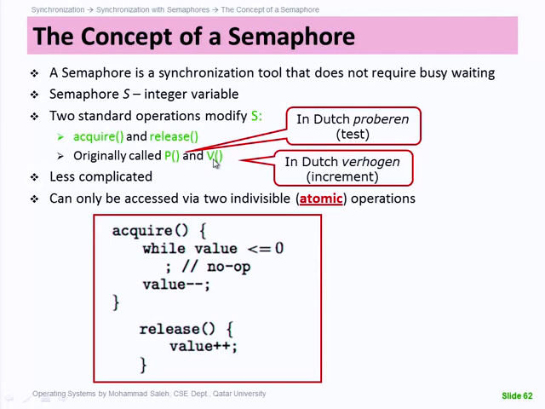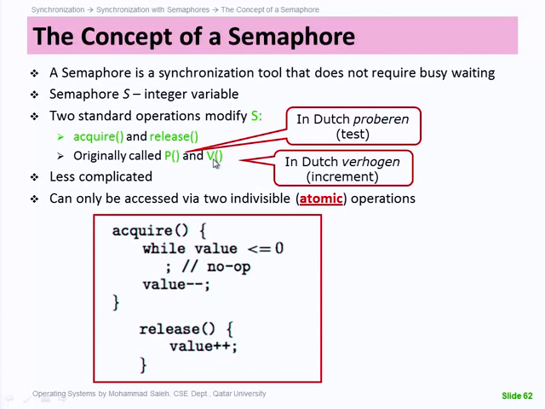And the other way around, who changes the value from 0 to 1? V, which releases the resource, release or unlock. If you have it as simple as this, then you fully understand semaphores. With one additional thing, keep in mind that P and V, acquire and release, are atomic. Once they start, they will be finished, no interruption. Got it? So that's the concept of a semaphore.